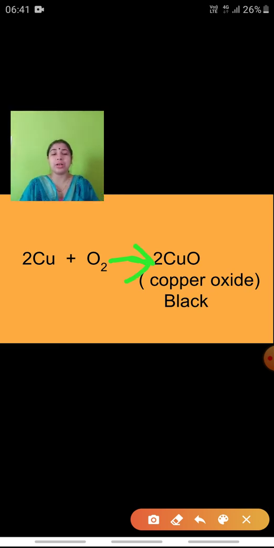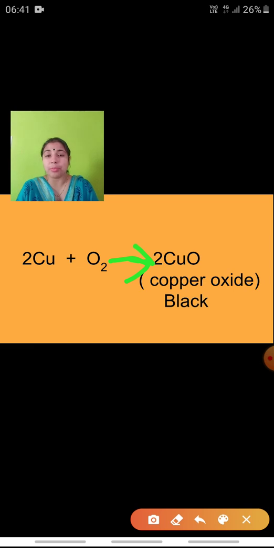Now children, you all can see a reaction being displayed on the screen in which copper reacts with oxygen and results in the formation of copper oxide. Do you know what is copper? Copper is a reddish brown colored metal. You all must have seen the copper utensils which are used at home.